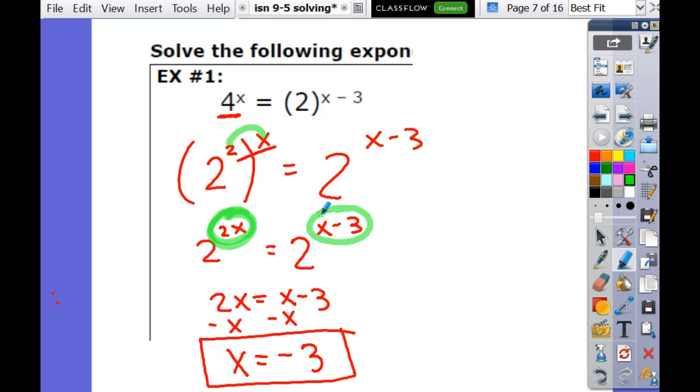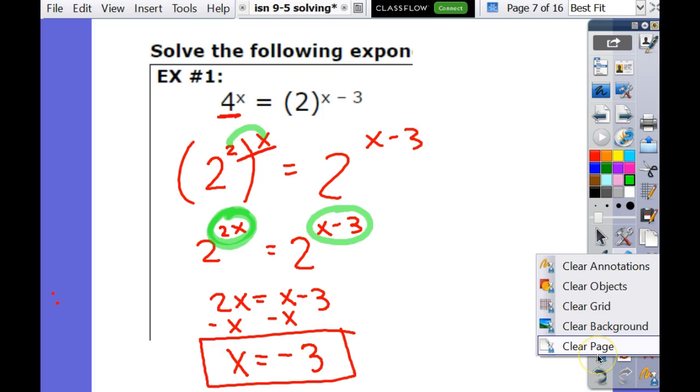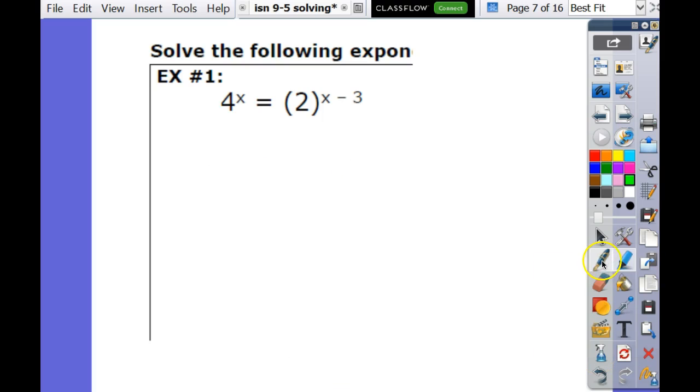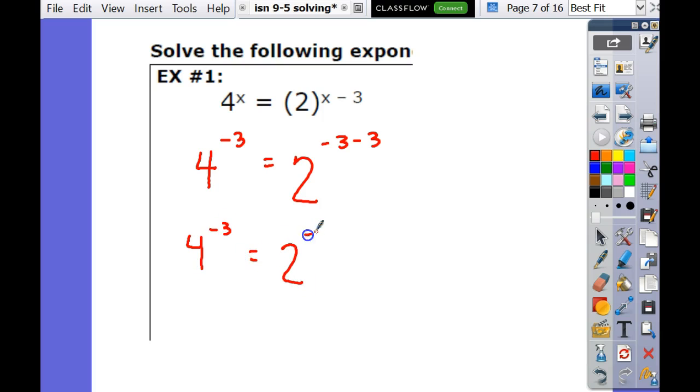Okay, so how do you check? How do you check anything? You go back to the original equation. What was our answer that we just had? And so if I plug in a -3 in place of x, I would have 4 to the -3 equals 2 to the -6.